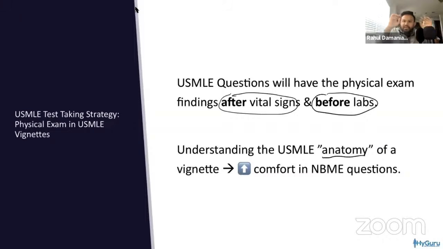Remember, it goes chief complaints, supporting symptoms. You're going to get vital signs, then the physical exam, labs and imaging, and then they'll ask you, hey, what's the most likely diagnosis, etc. So the more you understand how a vignette is written, the increased comfort you'll get in answering NBME questions.